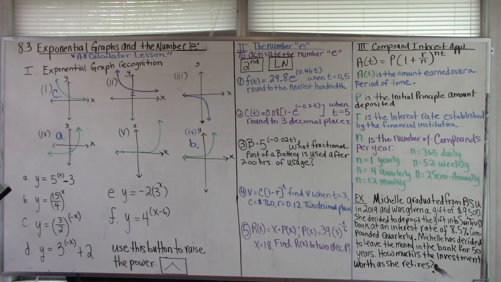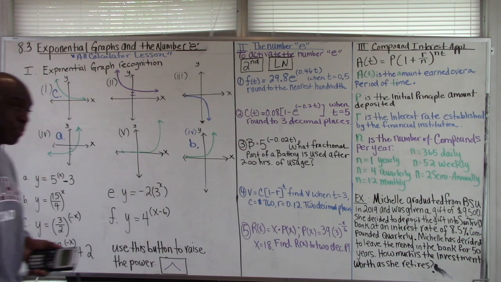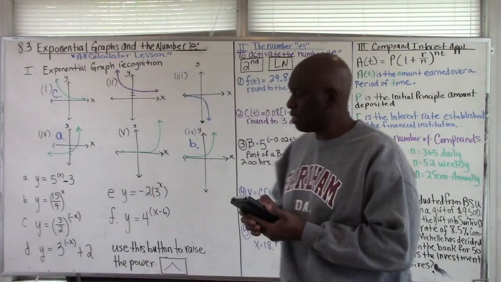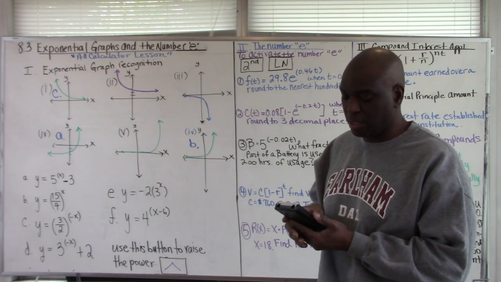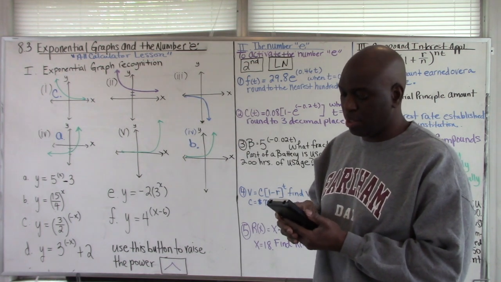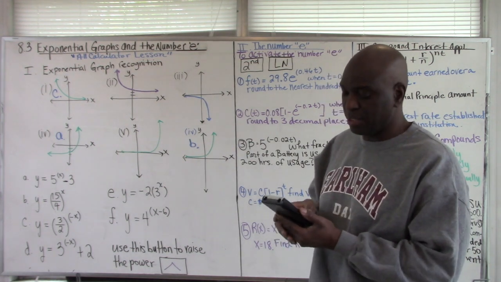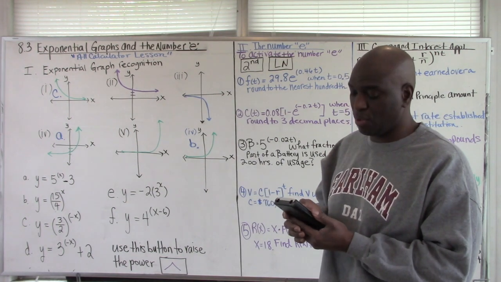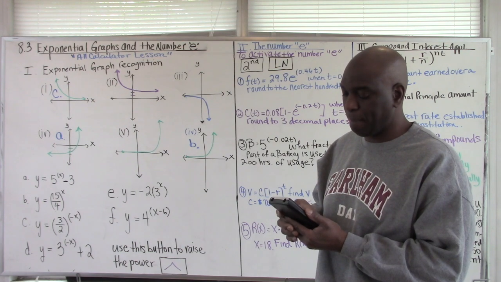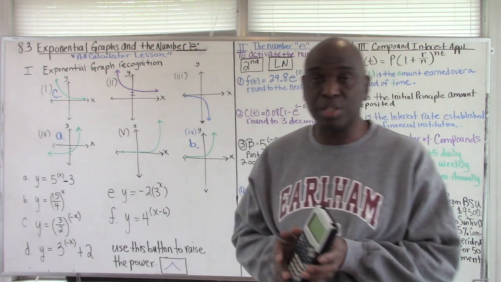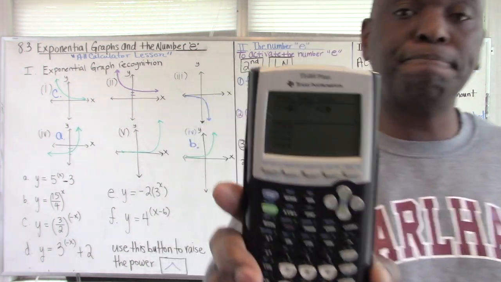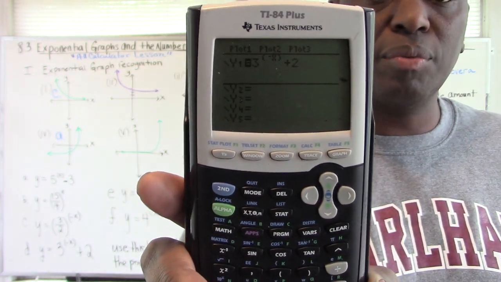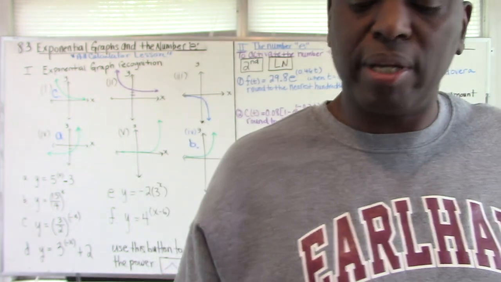All right, clear that. Now type in D. Y equals, clear it out. Type in 3 to the power of negative x, close parenthesis, plus 2. Here's what it should look like in your calculator in y equals.